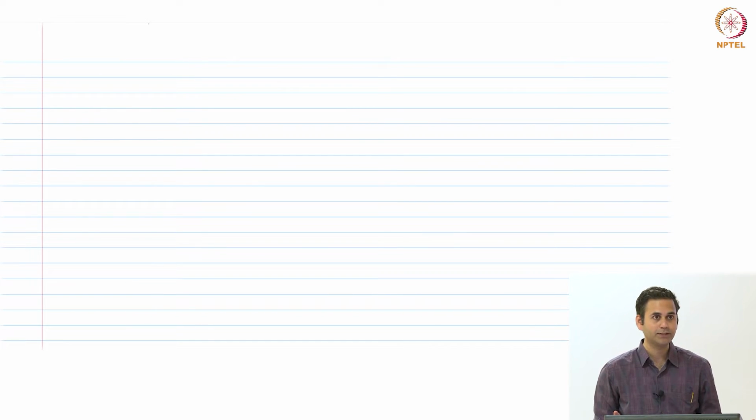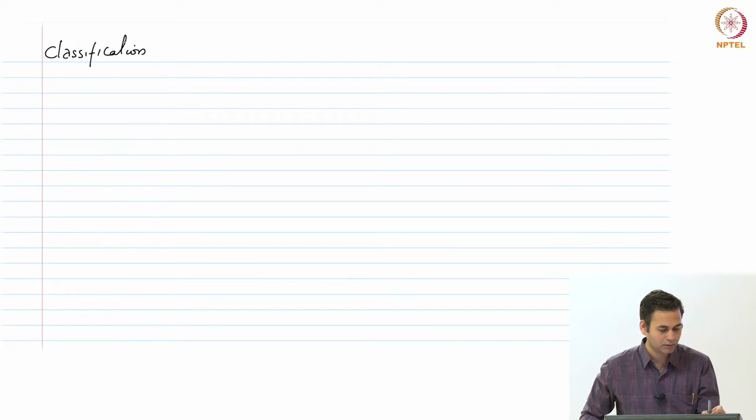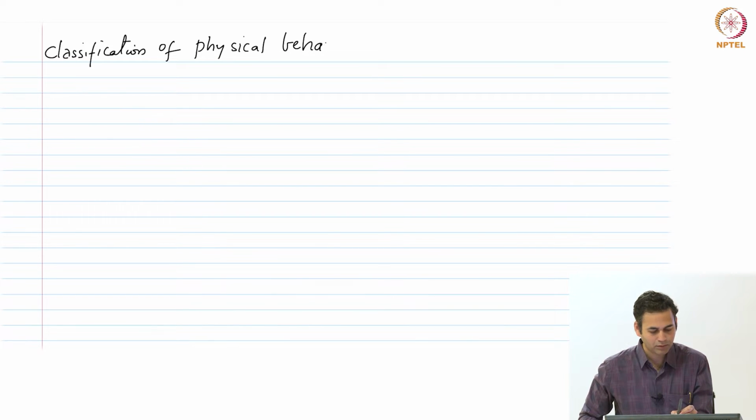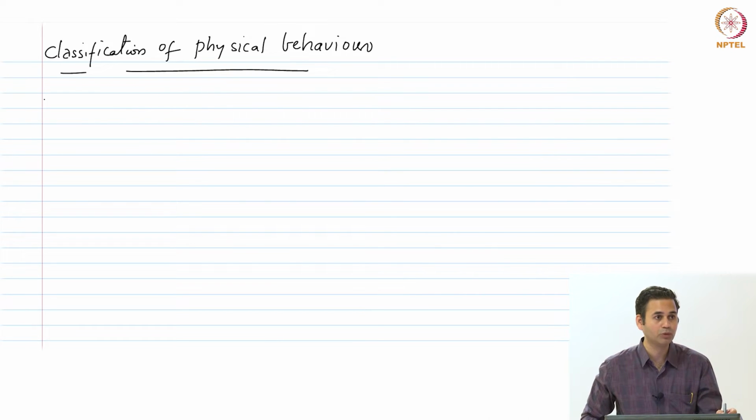So in the last class, we looked at classification of physical behavior. We said there will be two classes of problems that we would like to categorize. One is equilibrium problems.